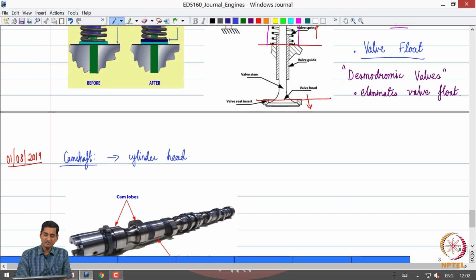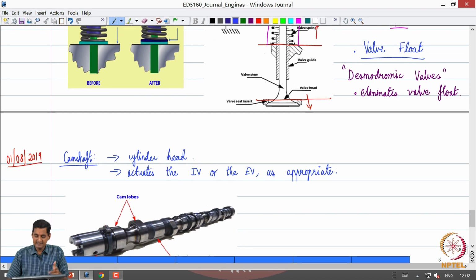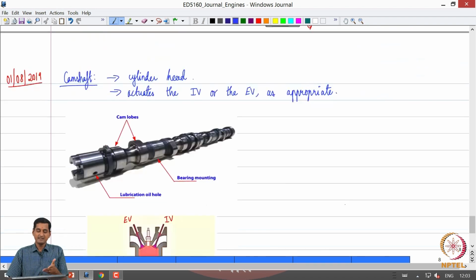The main function of the camshaft is that it actuates either the intake valve, which I am calling IV, or the exhaust valve as appropriate, at a particular cylinder. So as the name indicates, the camshaft is nothing but a shaft which is placed above the valve assembly in the cylinder head, and it consists of all these cam lobes, right.